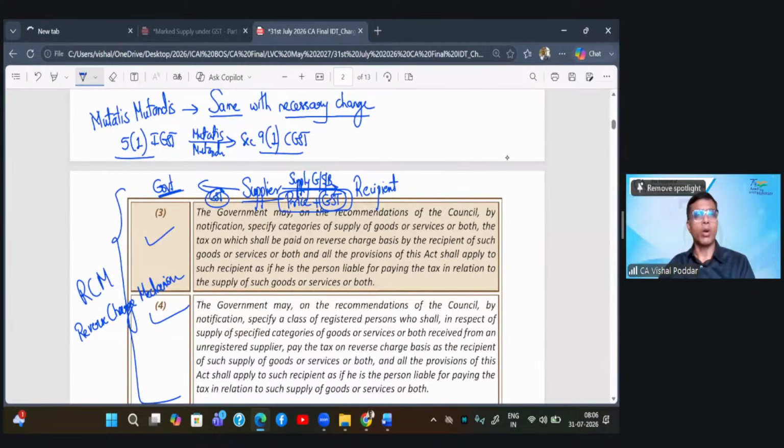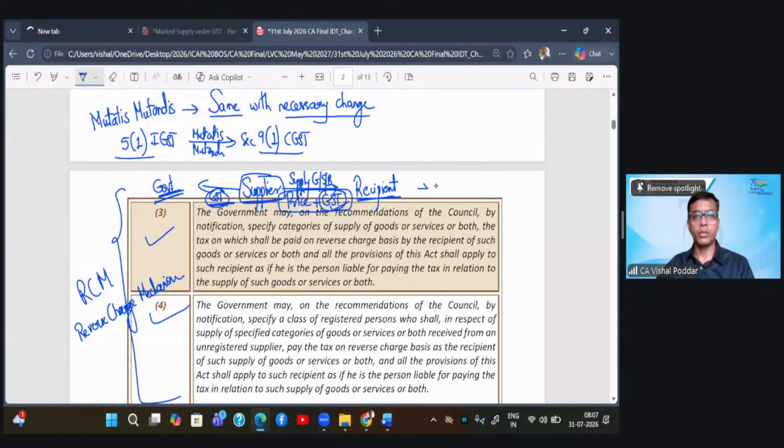So what is the normal mechanism? Normal mechanism is the supplier will collect the GST from the buyer, and this GST which is collected by the supplier is then transferred or paid to the government. This is the normal mechanism. Now, in reverse charge, this mechanism is reversed. Now, what will happen in reverse charge?